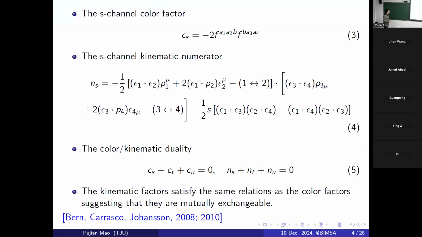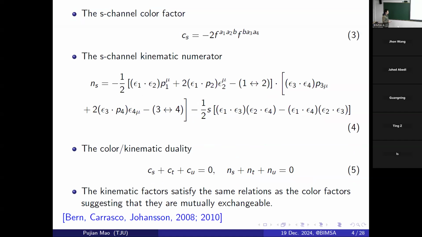Now, once I present the concrete formulas of C and N for each channel, you will recover those two relations. One you can find from the group structure, and this is the kinematic relation.